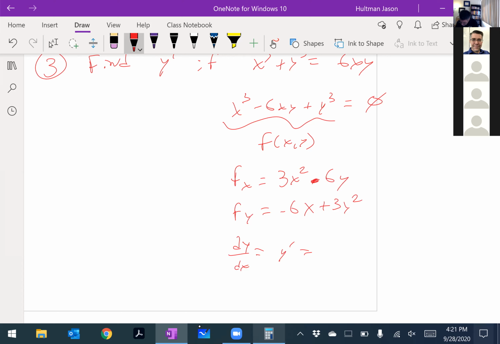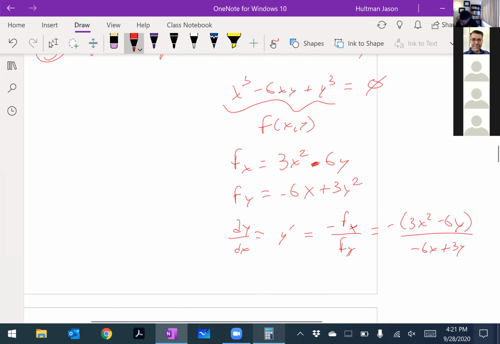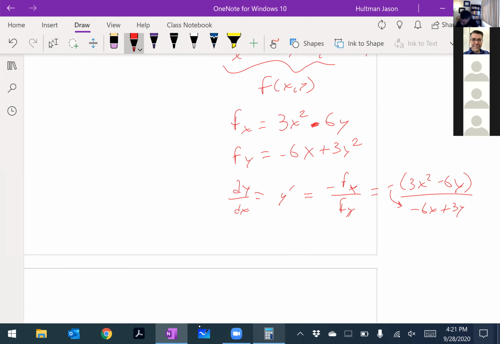Because y prime is now going to be equal to negative f sub x over f sub y. So this is negative 3x squared minus 6y over negative 6x plus 3y squared.